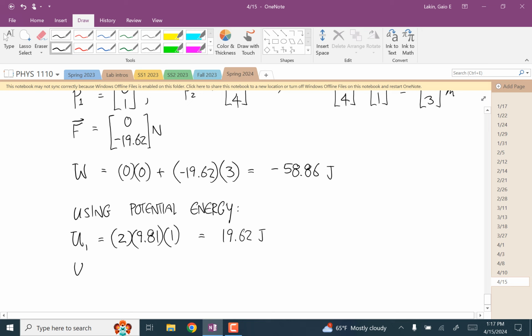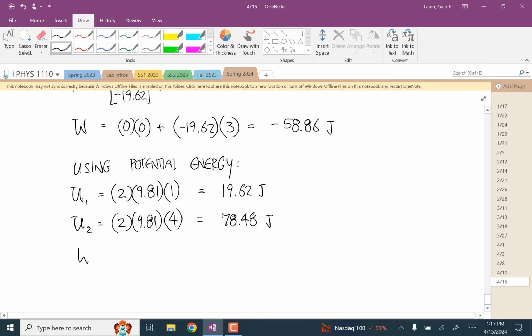At instant 2, we have a mass of 2 times 9.81 times a height of 4 meters. And this is 78.48. The work is the negative change in potential energy.